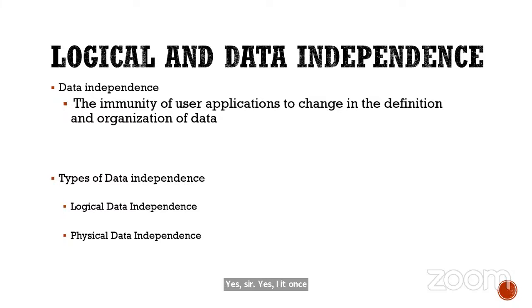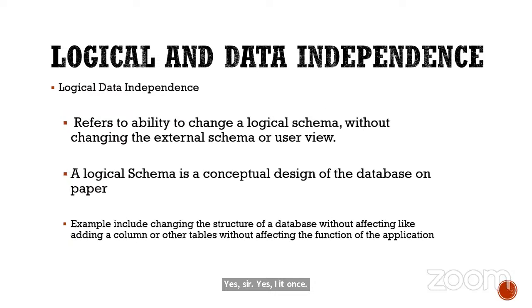There are two types of data independency in database design. You have the logical data independency and the physical data independency. For the logical data independency, we are referring to the ability to change logical schemas or conceptual designs without changing the external schema or user view.